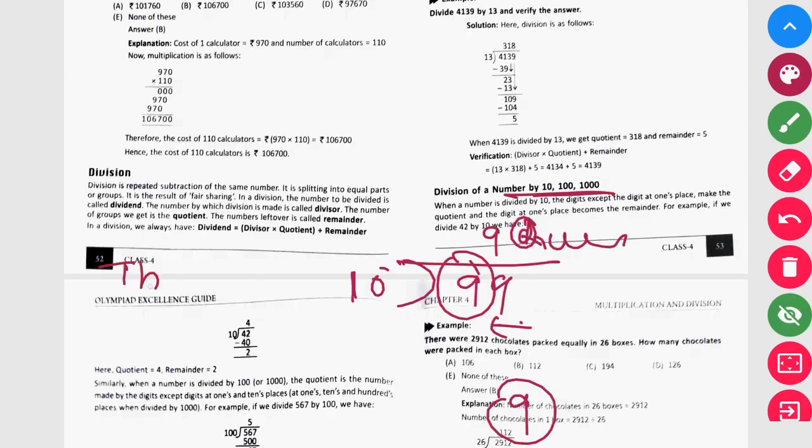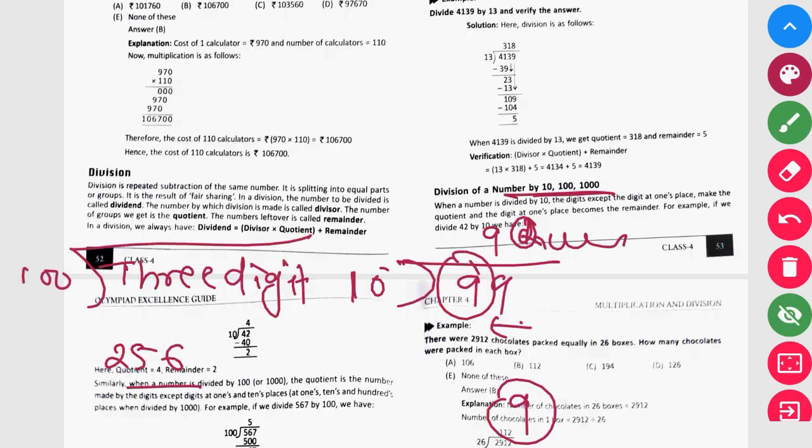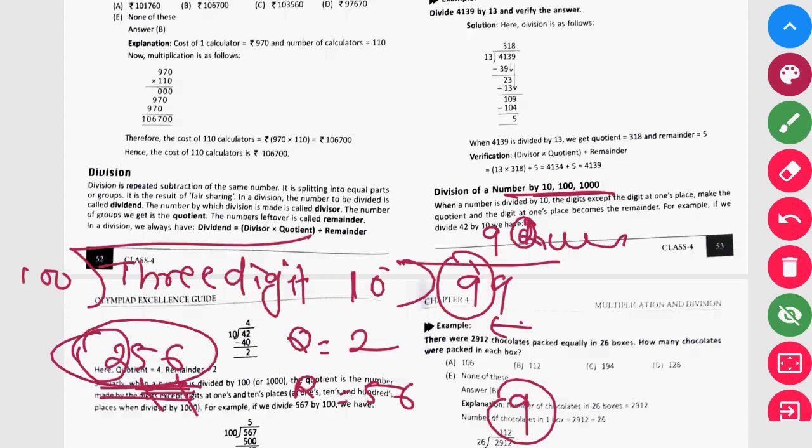If the number is a 3-digit number and the divisor is 100, suppose 256 is divided by 100. Here the unit place digit and the tens place digit together are the remainder, and the hundreds place digit is the quotient. This is the dividend and this is the divisor.